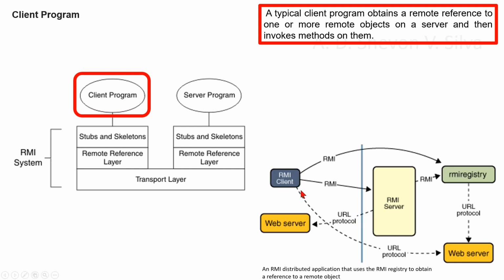A typical client program obtains a remote reference to one or more remote objects on a server and then invokes methods on them. RMI provides a mechanism by which the server and the client communicate and pass information back and forth. Such applications are sometimes referred to as distributed object applications.